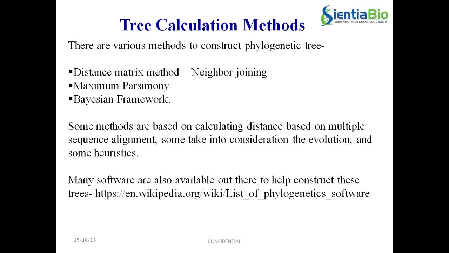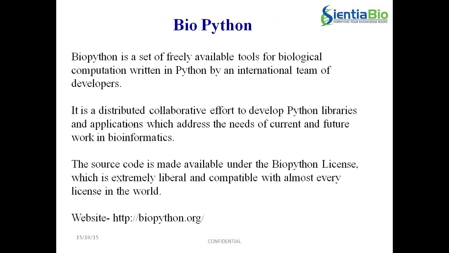They are generally classified as neighbor joining algorithm, maximum parsimony, and Bayesian framework, which mainly talks about hidden Markov models, which helps us figure out the phylogenetic tree. Many softwares are also available out there, both web-based and something that you can install on your system, which help you construct and fetch those trees.